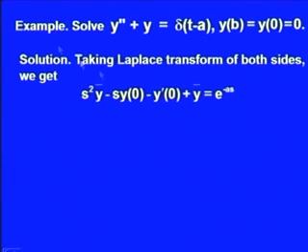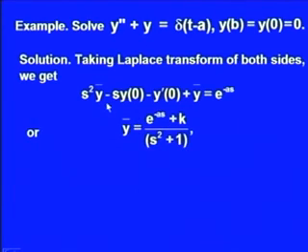Using linearity of the Laplace transformation, we get the Laplace transform of the left hand side as Laplace transform of y double dash plus Laplace transform of y. The Laplace transform of y double dash we know is given by s square y bar minus s y(0) minus y dash(0), and the Laplace transform of y is y bar. The Laplace transform of the right hand side, delta(t minus a), we have seen is given by e to the power minus a s.